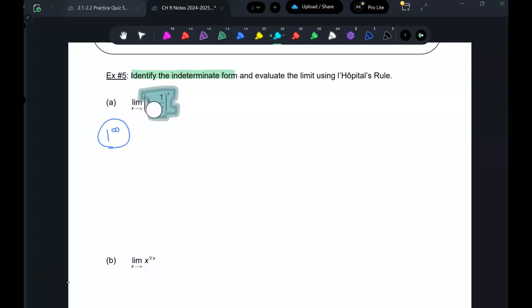No, that's e. Okay, so here, this is what we're going to do. Let's just let 1 plus 1 over x to the x power equal y. So we'll make an equation for now, so that you can see. What we want to do is take the natural log of both sides.